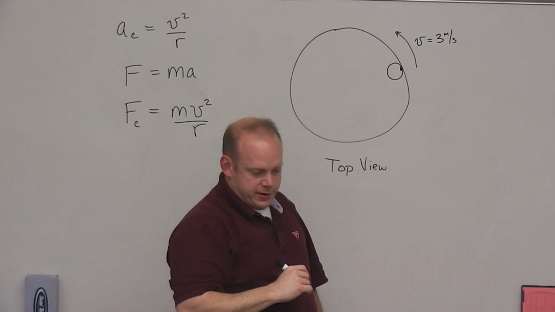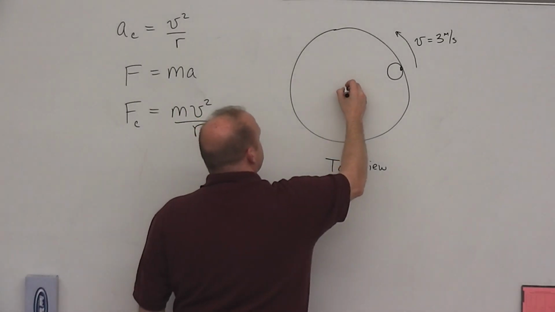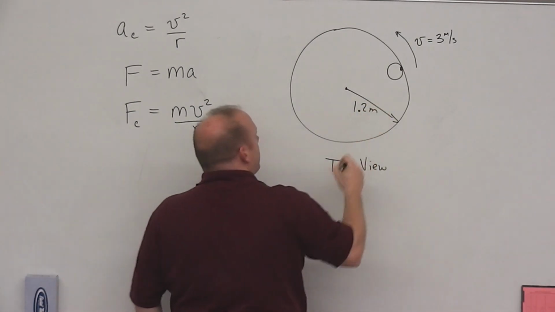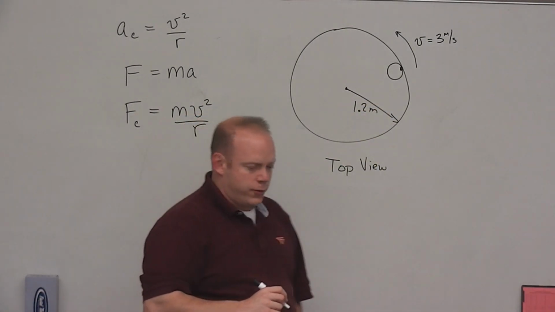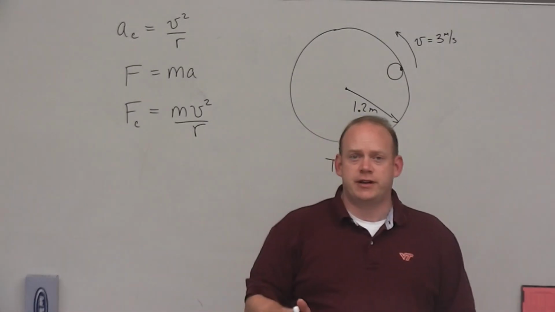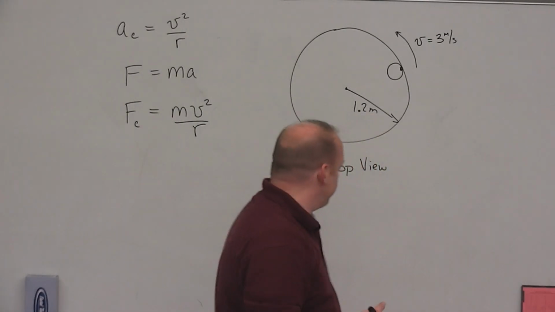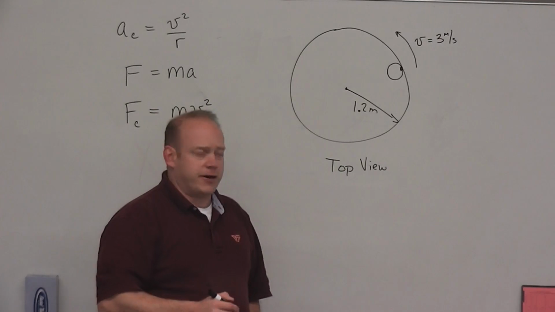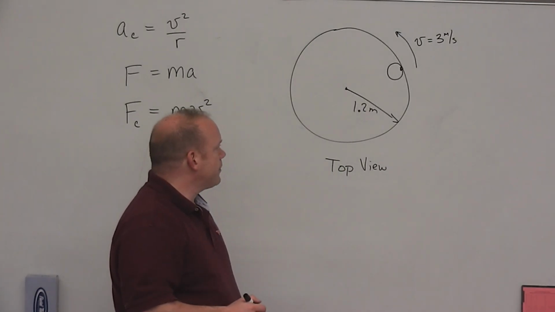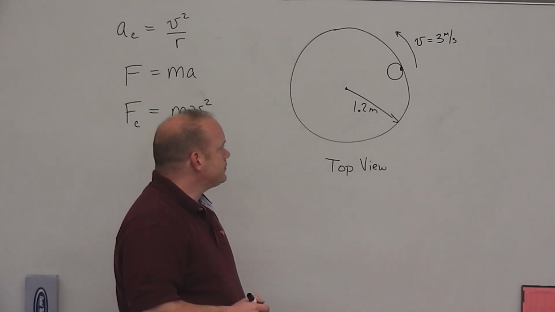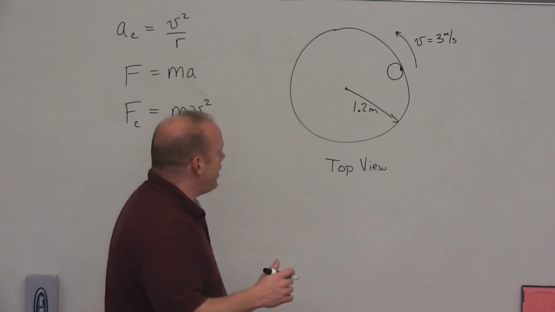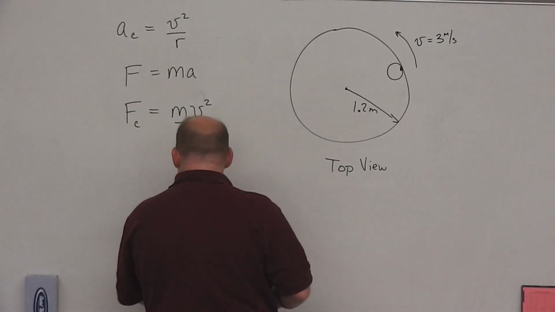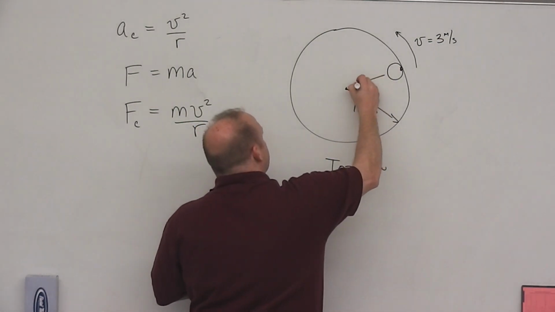The radius is going to be 1.2 meters. And we want to figure out what the acceleration is and what the force is on the person. Now the person either has to be holding on, or there has to be a lot of friction, but one way or another, we know that the force on the person here has to be inward.